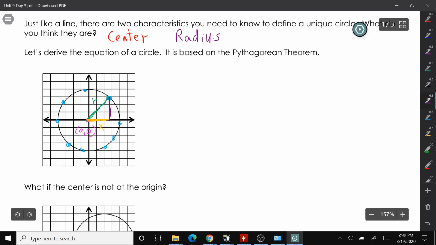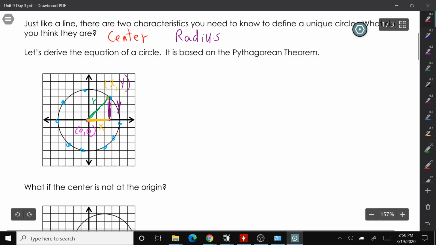And then here is the vertical distance, or also the y value. So we have 2 points here. We have x, comma, y. And I'll use a different color. The y value is how tall, and the x value is how far over left or right.